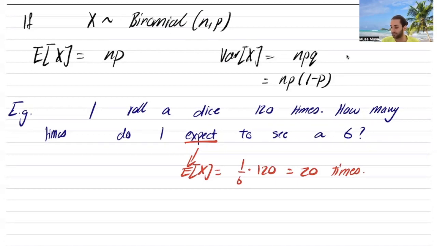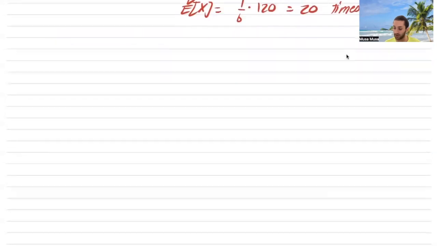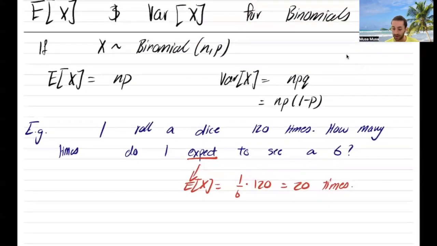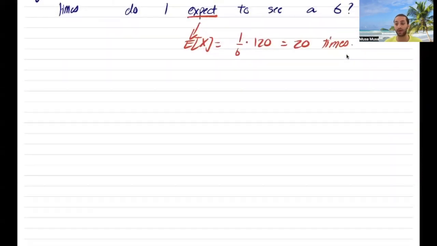Fair enough? Nice. So now let's talk about the normal approximation to the binomial distribution. Now that we've discussed how to calculate the expected value and the variance, we can now talk about the normal approximation. So let's chuck this in.